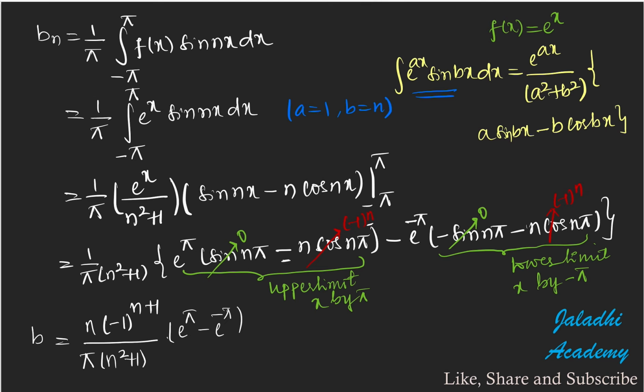So this is the value of b_n. So we got all the values of a_n and b_n and a_0.